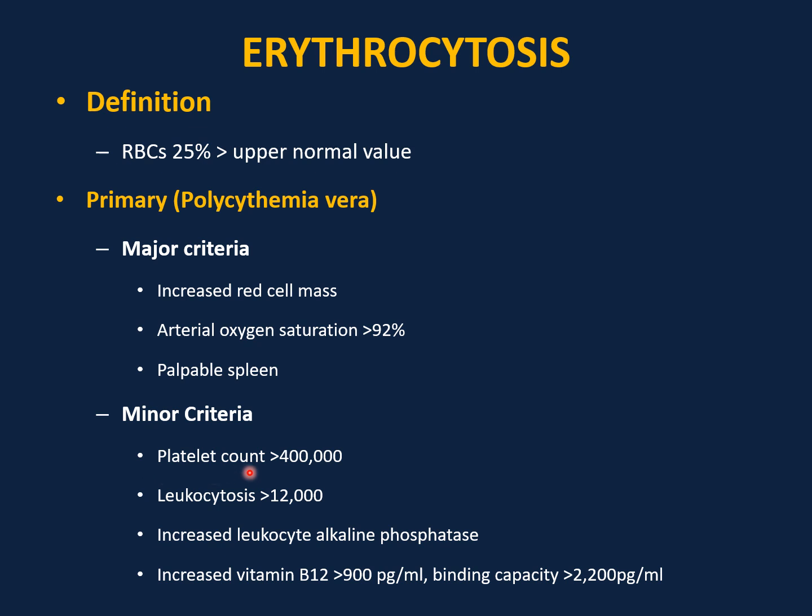Minor criteria: platelets more than 400,000, leukocytosis more than 12,000, increased leukocyte alkaline phosphatase, increased vitamin B12 more than 900 pg per ml, and binding capacity more than 2200 pg per ml.